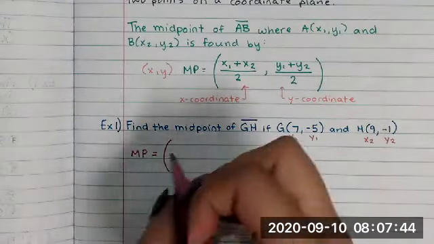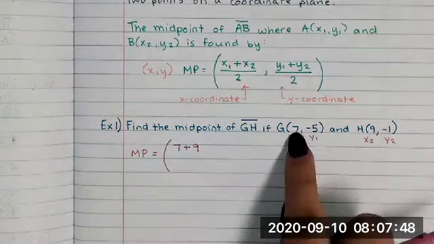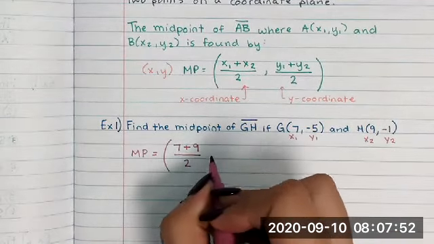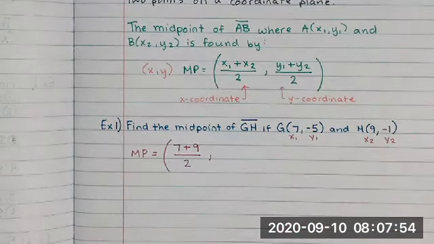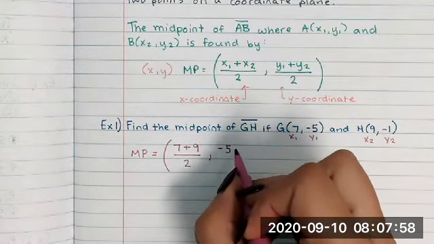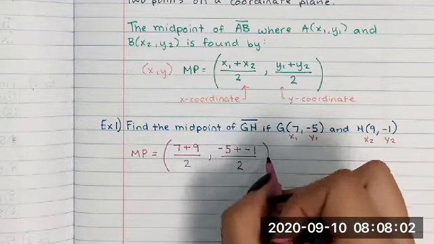So to find the x-coordinate, I'm going to do 7 plus 9, my two x's, divided by 2, comma, my two y's, so negative 5 plus negative 1 divided by 2.